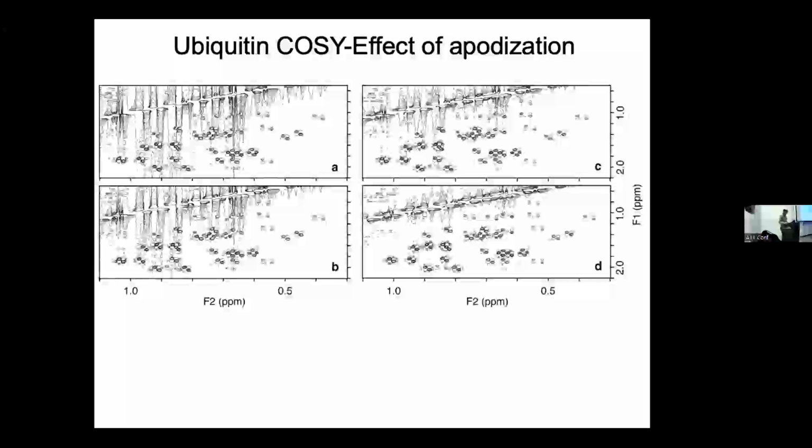So these are what would be called stronger and stronger window functions applied, and you can see the effect. This is all part of, I would say, the practice rather than the core theory.